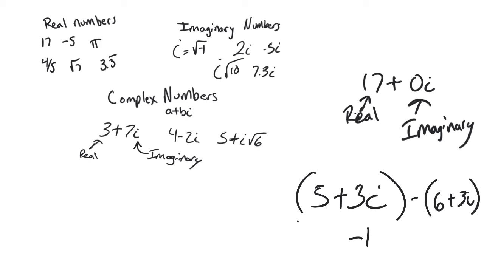So negative 1 would be the result of that, but really it's negative 1 plus 0i. So even though it's just the negative 1 that's left here, this whole thing is really what's being represented there. It's just with the 0i, they cancel each other out. So it's still technically a complex number, but it doesn't really have an imaginary part. The imaginary part is 0. So it does get a little bit confusing.